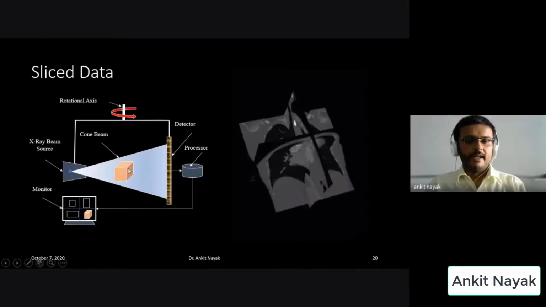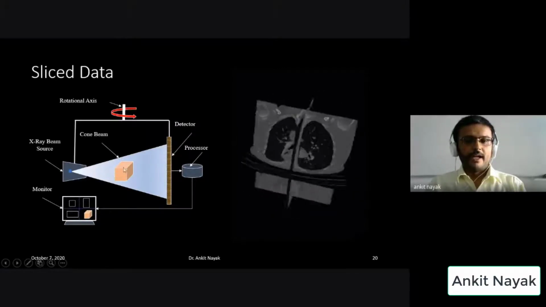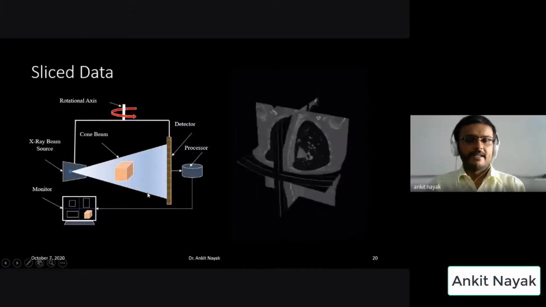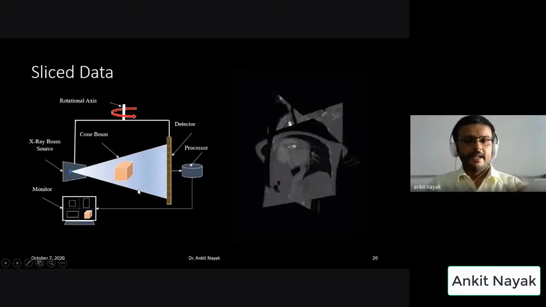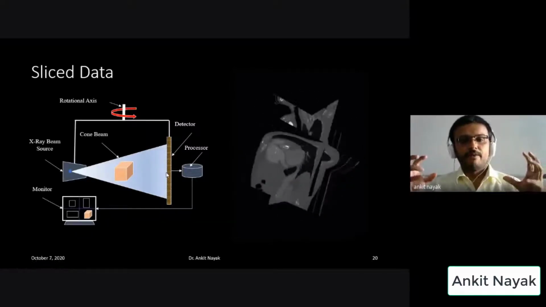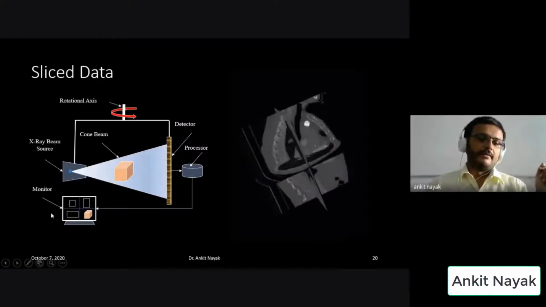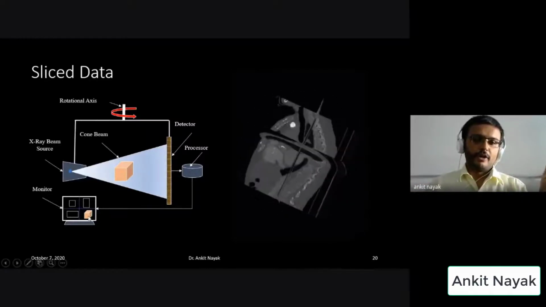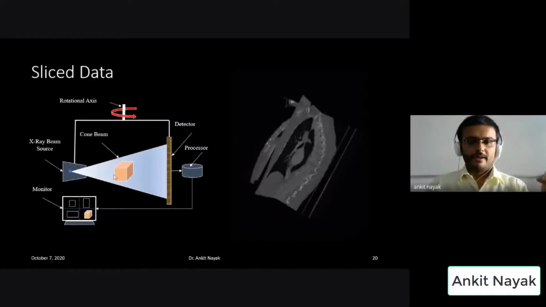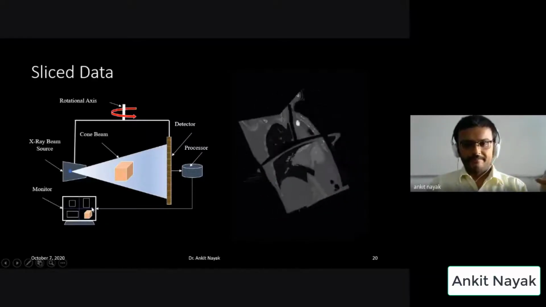This beam will rotate, and if you put an object here, it will take several images from 360 degrees. After taking these images, they are further processed, and that can generate a 3D model, or I should say the voxel model of the object on your computer screen.